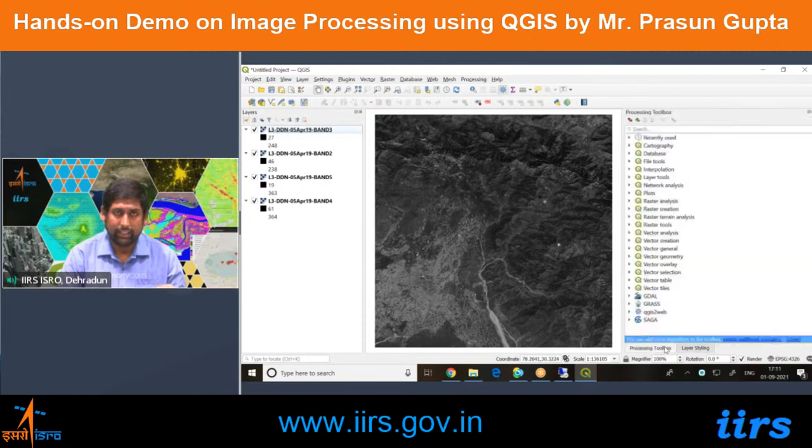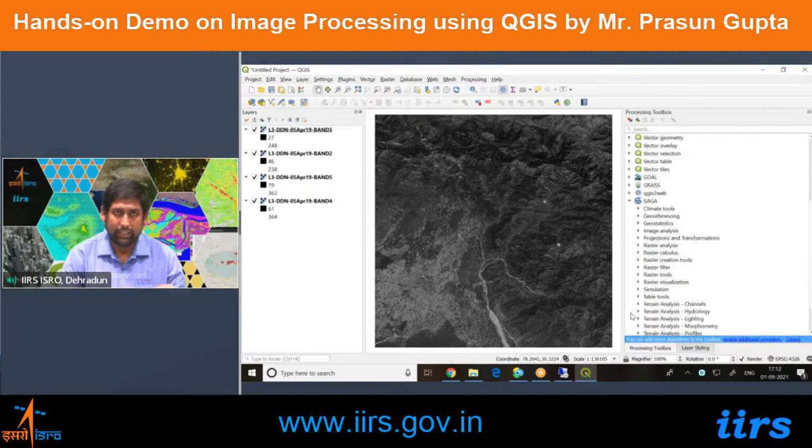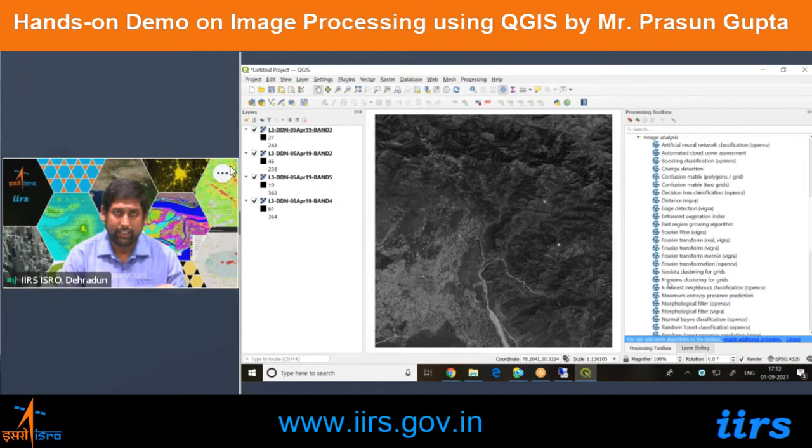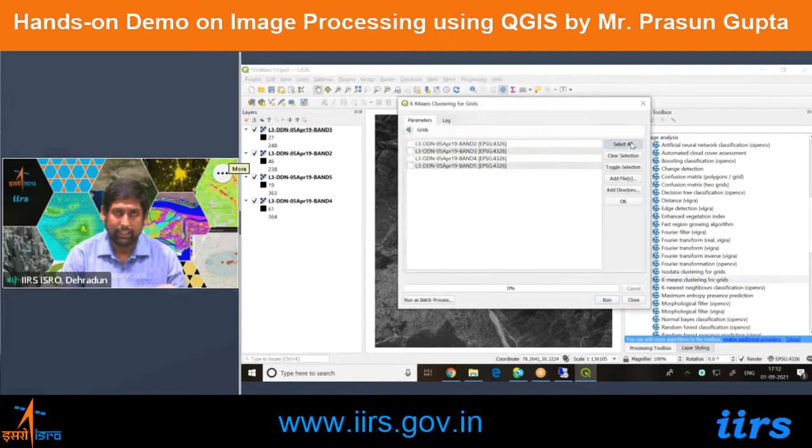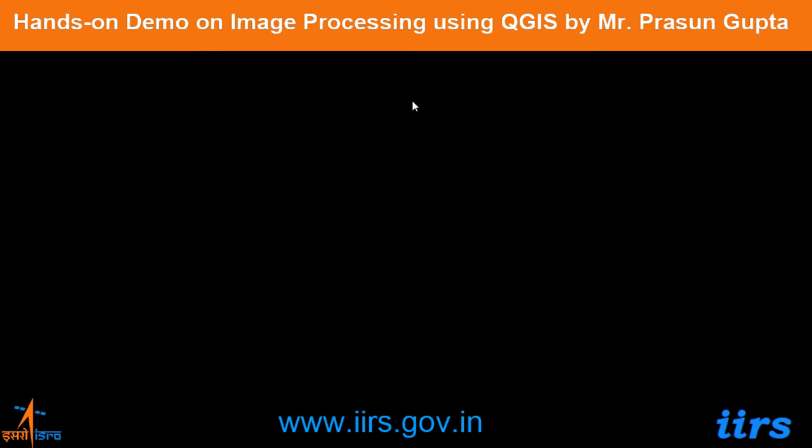There are several unsupervised classification techniques, and one of the most common ones is called k-means clustering. So how to do k-means clustering? That is inbuilt in SAGA. You go to SAGA, image analysis, k-means clustering for grids, and select your input bands.